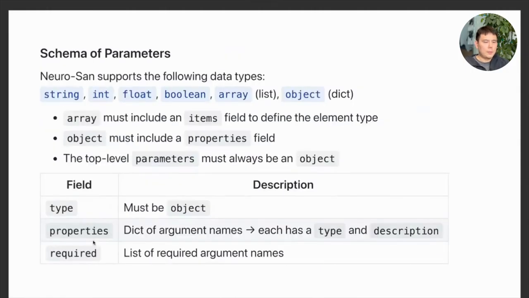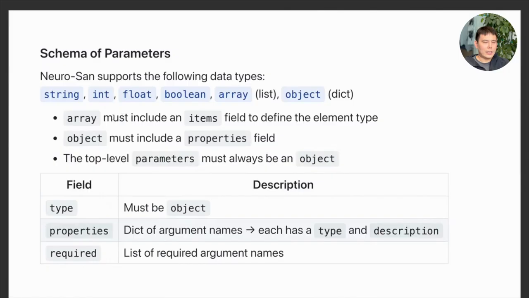So let's look a little bit more at the schema of a parameter. Parameter types can have the following data types: string, which is text, integer, float, which can be any number, boolean, array, and object.